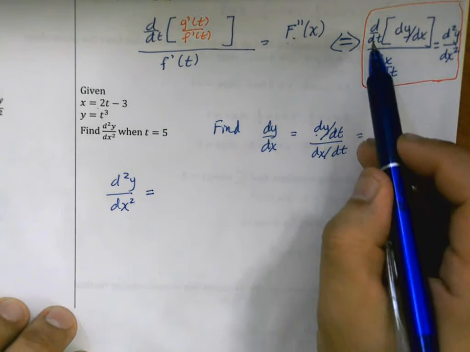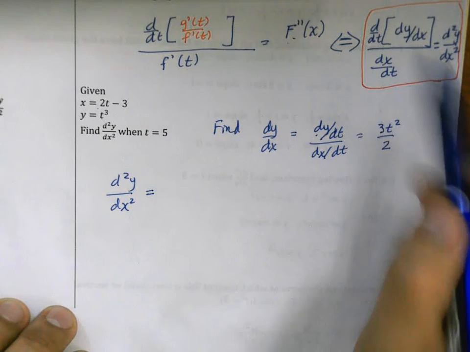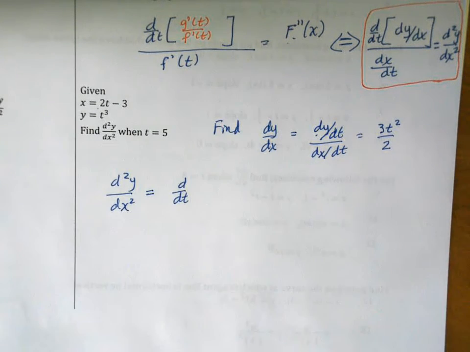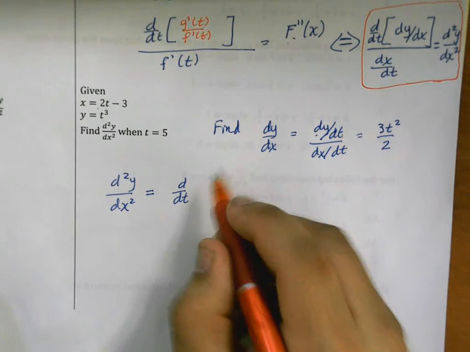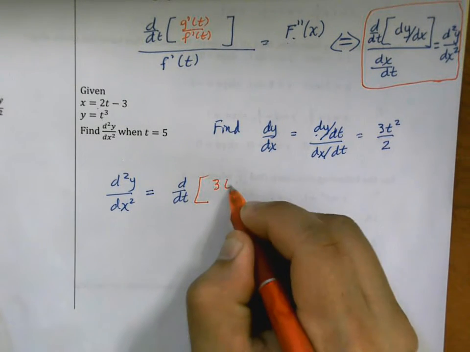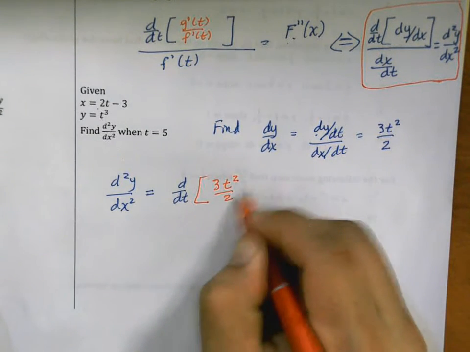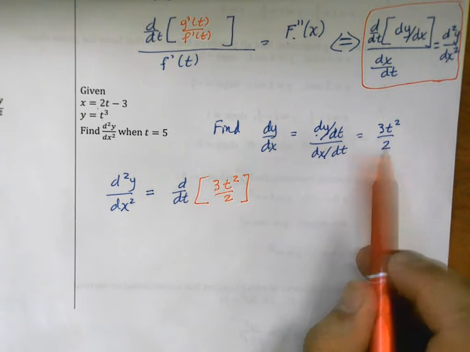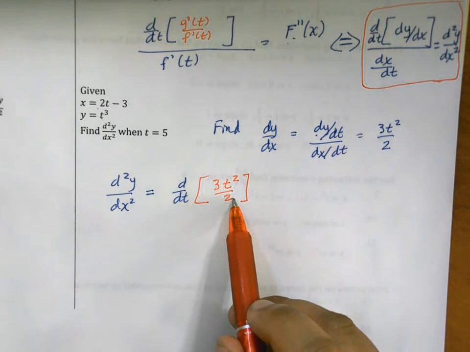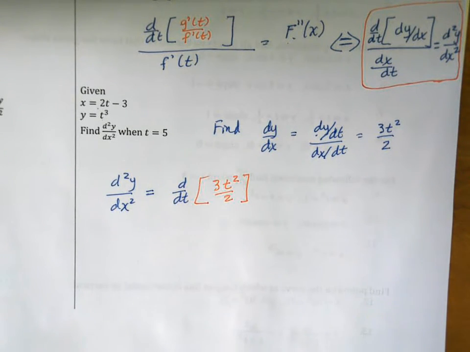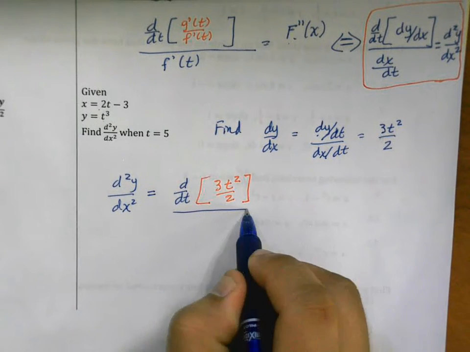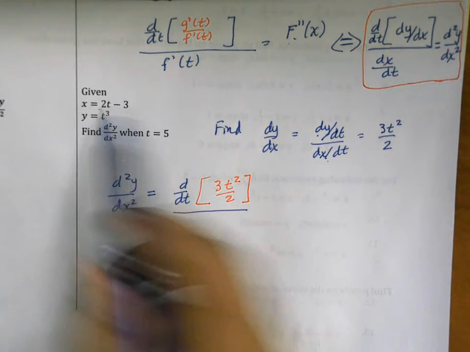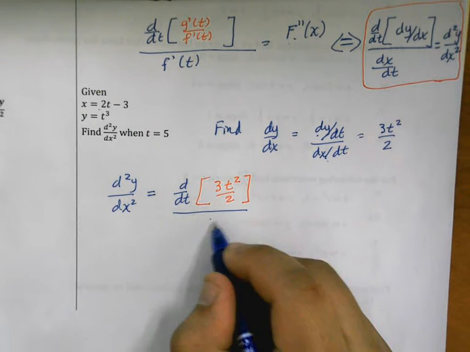Now, the second derivative is equal to the derivative with respect to t of the first derivative, so this is d/dt of 3t squared over 2. I'm taking the dy/dx and plugging it in here, and I'm going to divide that by dx/dt, the derivative of x with respect to t, which again is 2.